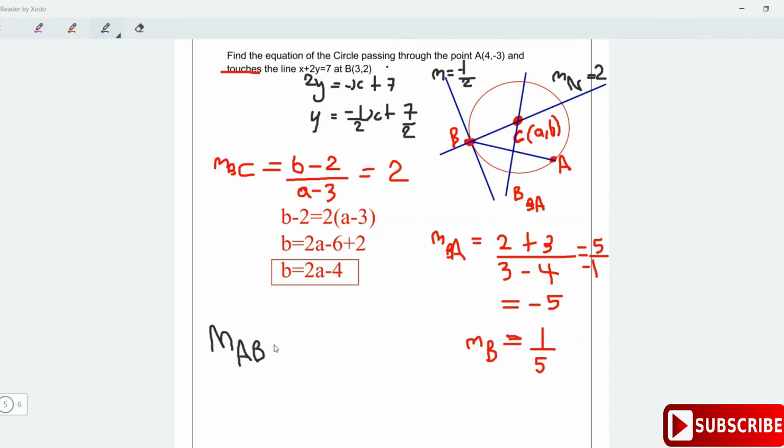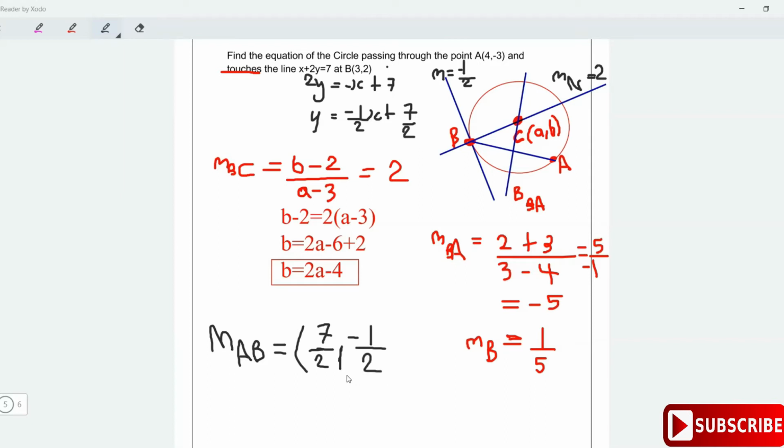The midpoint of AB is going to be equal to, 4 plus 3 is 7, so 7 over 2, comma, then minus 3 plus 2, divided by 2, that's minus 1 over 2. That's the midpoint of AB.